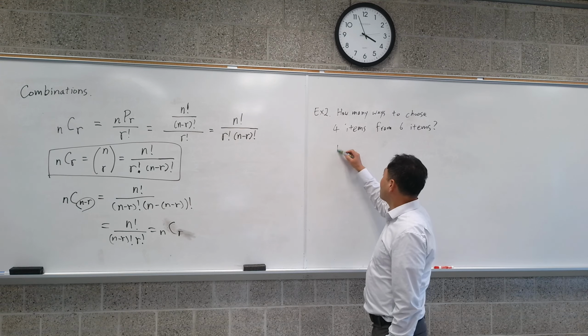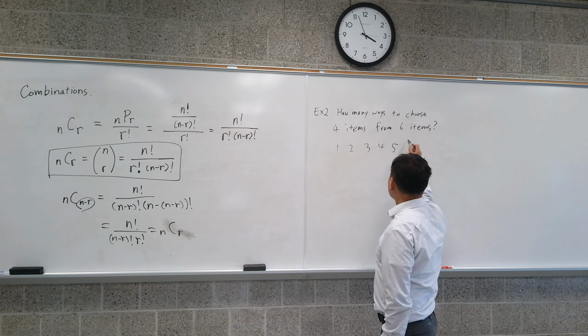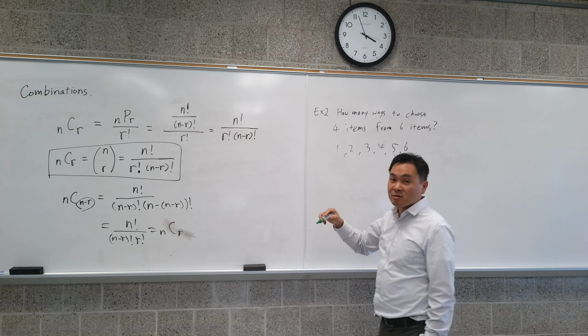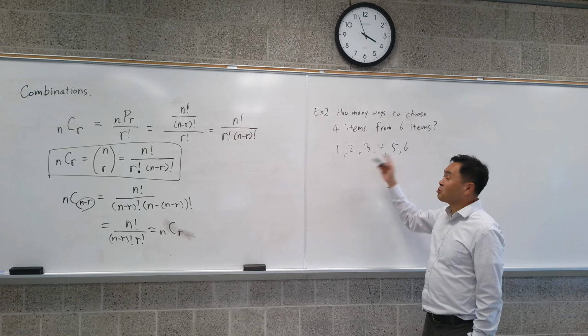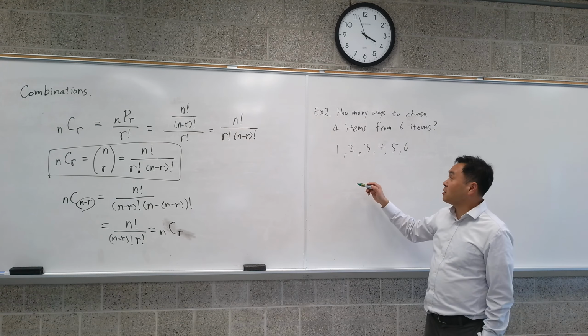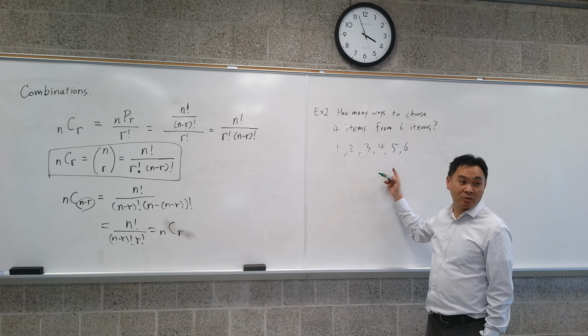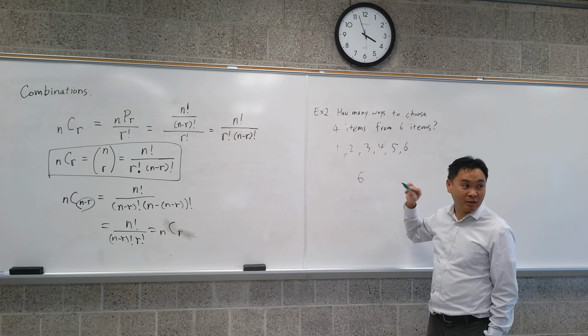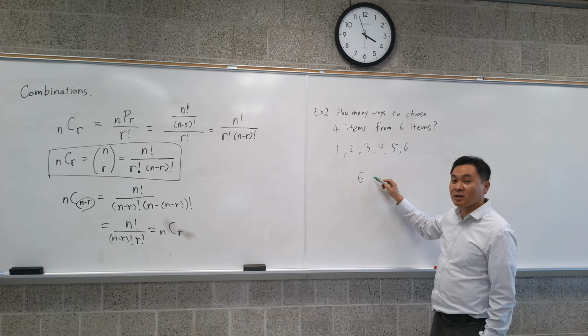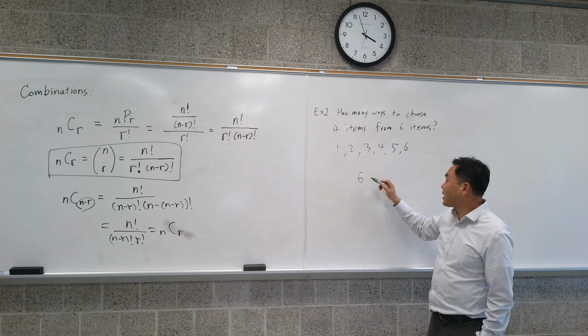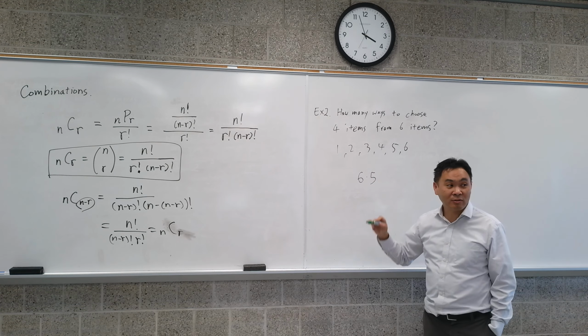So if you have 1, 2, 3, 4, 5, 6, and just think about choosing 2 items. In the first stage, how many choices do you have? 6 possible choices, right? And then in the second stage, you choose another one, but you have 5 left, so you do 6 times 5.